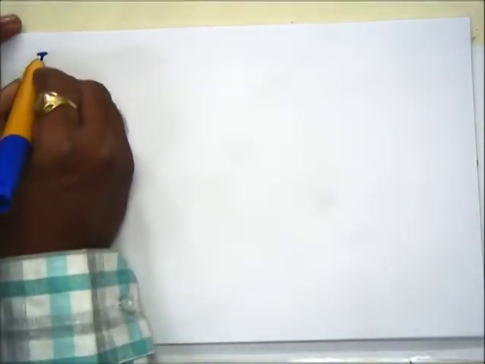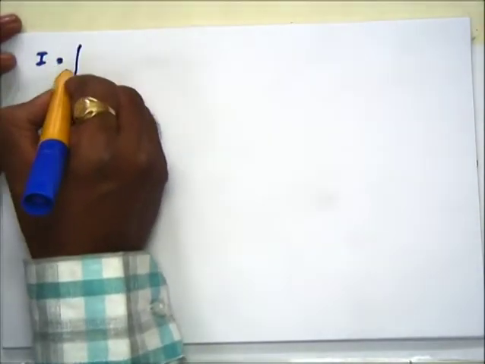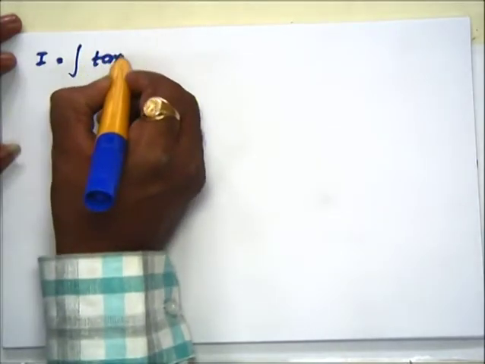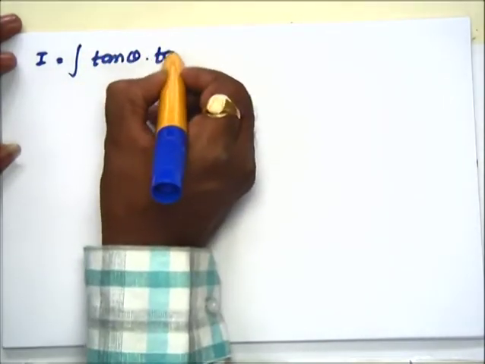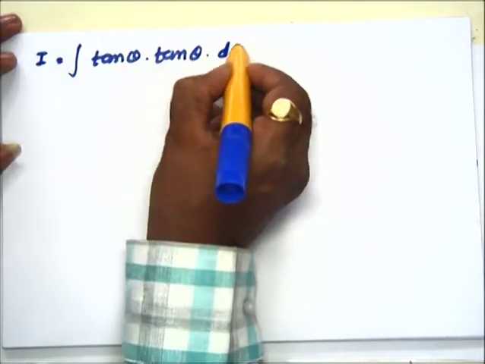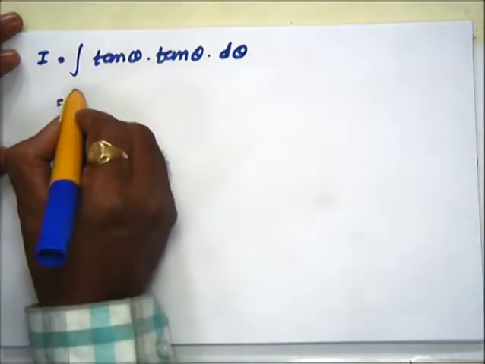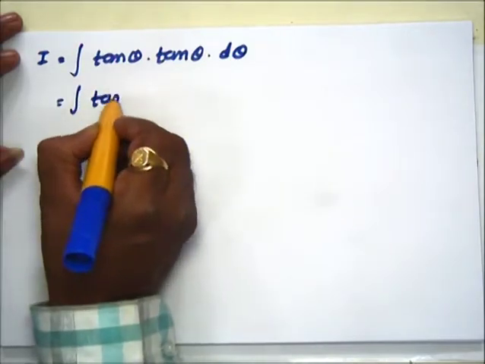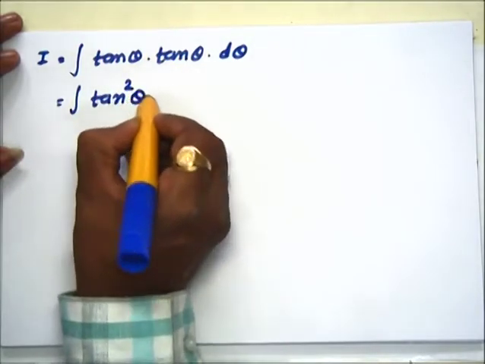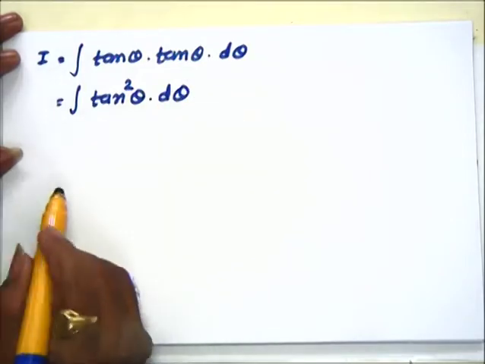So I equals integration of tan theta into tan theta d theta, which is tan square theta d theta.